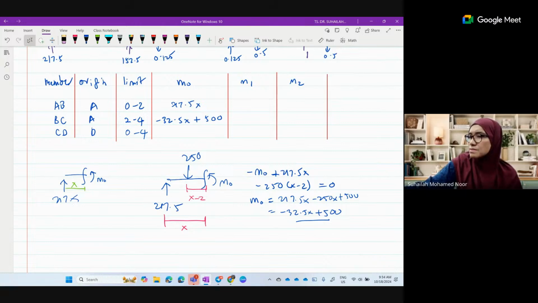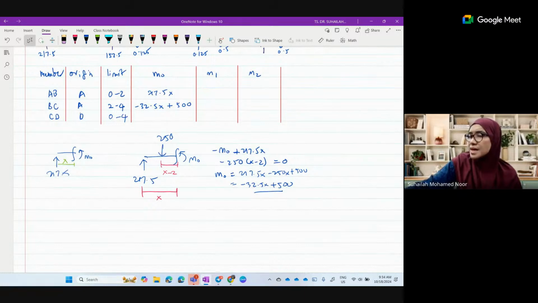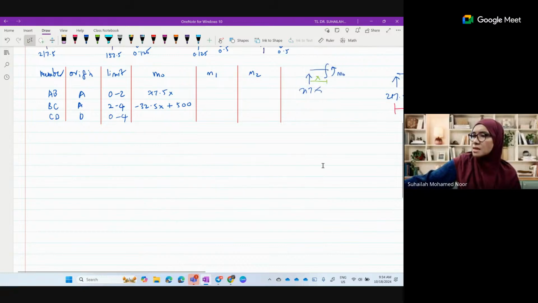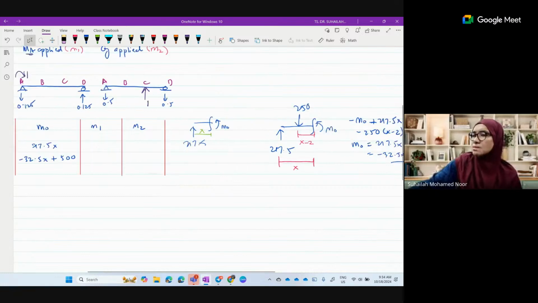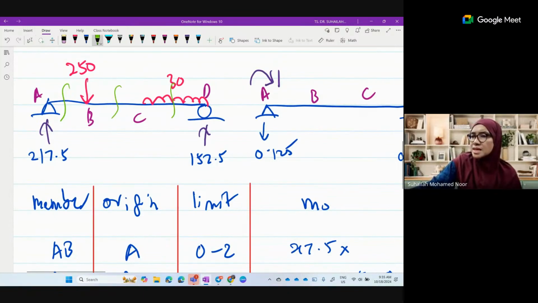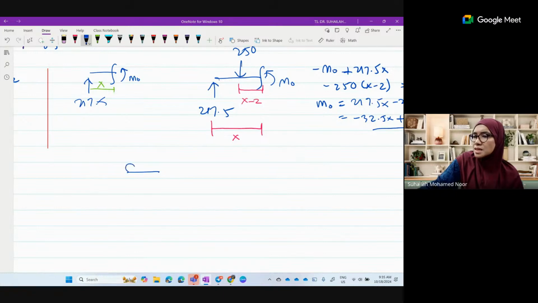Okay, next CD. All of this you can access from your phone or device. What I have finished calculating, I bring to the side for your reference, so you can look back. Now CD, origin at D. We have the UDL here, cutting section. The earlier 30.5, 152.5, so moment acting clockwise.